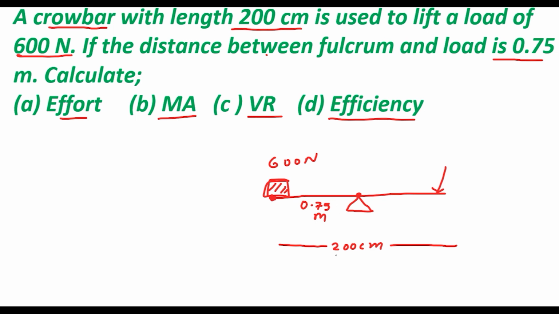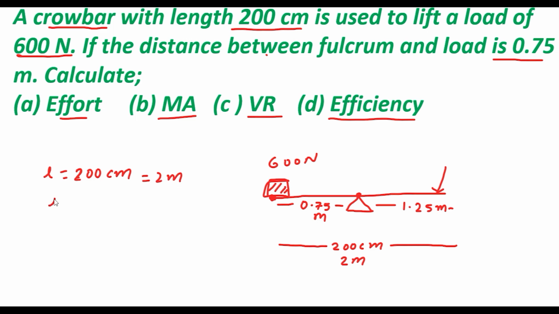We know that 200 centimeter means 2 meter. So this load distance is 0.75 meter. Calculate 2 minus 0.75, it becomes 1.25 meter. So total length is given 200 centimeter, which means 2 meter.